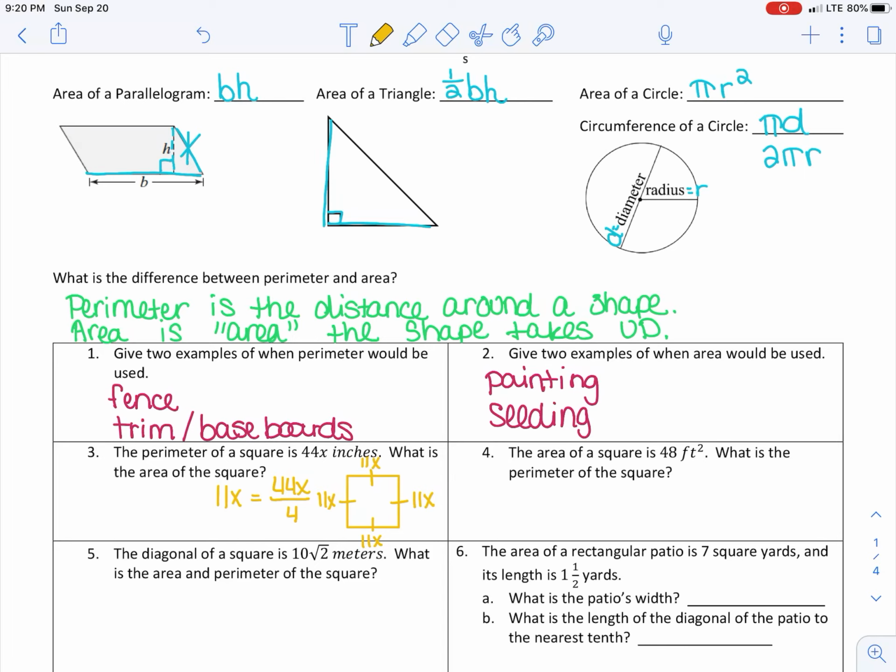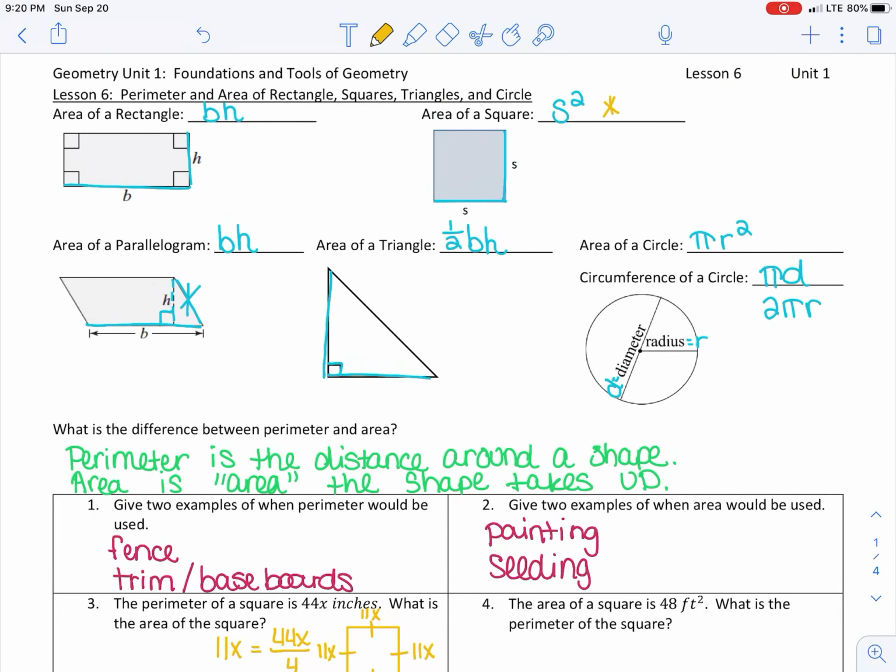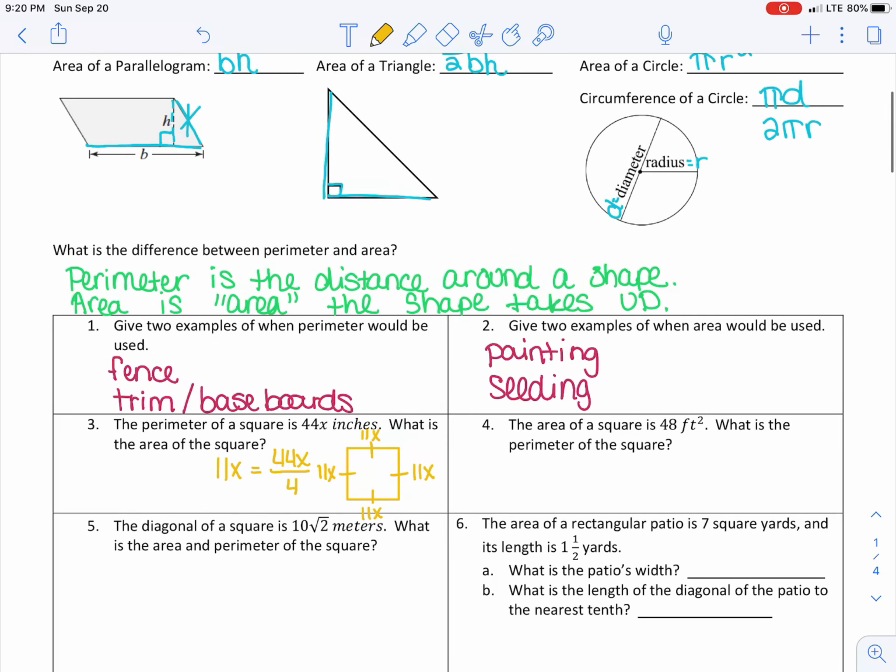Then it says, what is the area of that square? This is whenever you have to use your formula, side squared. So 11x squared is the same as 11x times 11x.